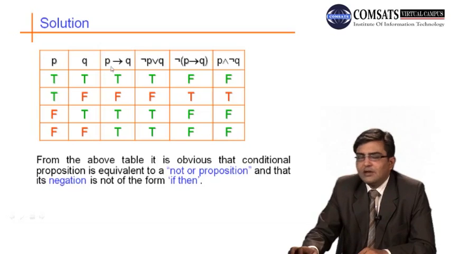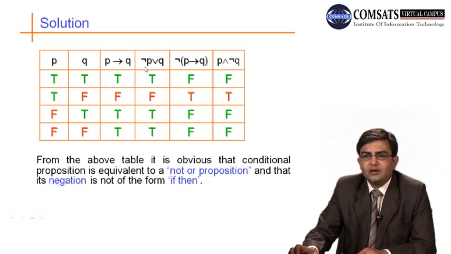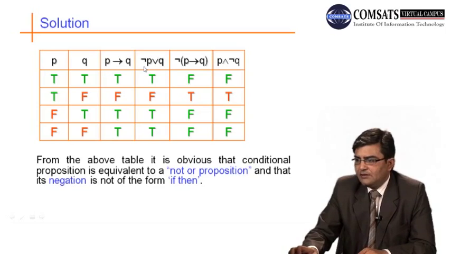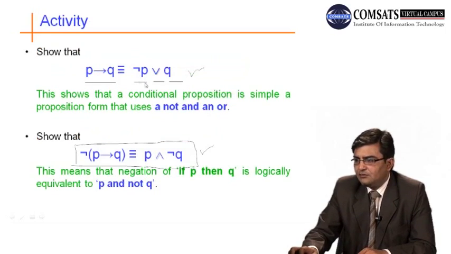The truth table of P implication Q, as you know, is true, false, true and true. Now we need not P or Q. We have to prove P implication Q is logically equivalent to not P or Q.